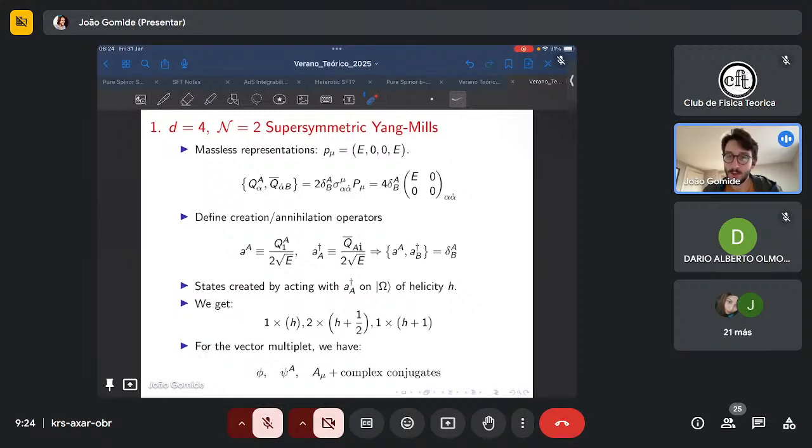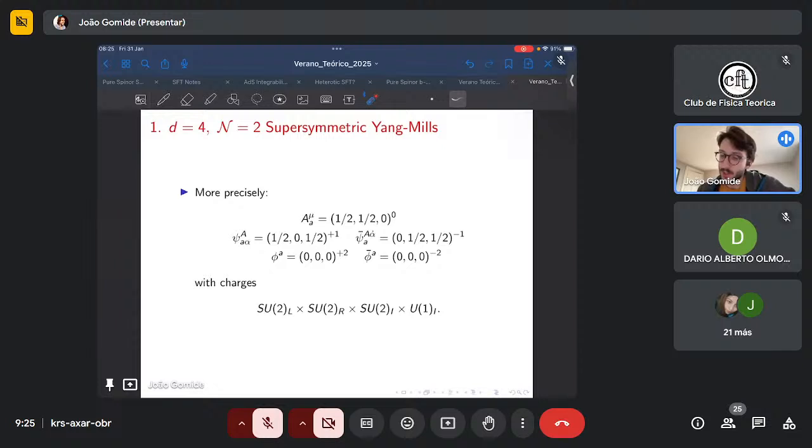If you had N=1 supersymmetry, you would get also its superpartner, which is psi, the gaugino or gluino or whatever you want to call it. But here, since you have two supersymmetries, there are more superpartners. So you have two gauginos and this scalar as well.